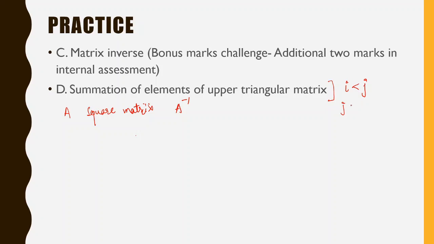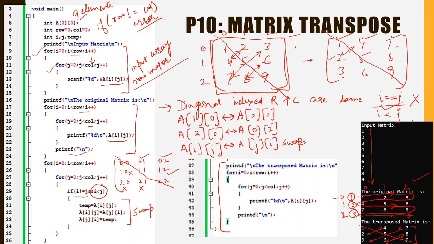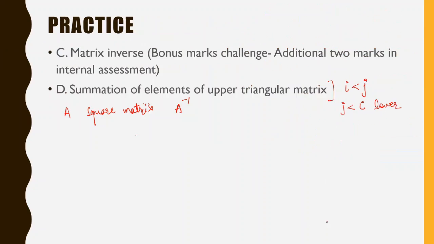And then j is less than I to be the condition for lower triangular matrix, and we have done over here for upper triangular matrix and lower triangular matrix. We have I is less than j for upper triangular matrix and j is less than I for lower triangular matrix. Okay, so by this way you can do the summation of elements of upper triangular matrix. This is the practice program that you have to submit, right?